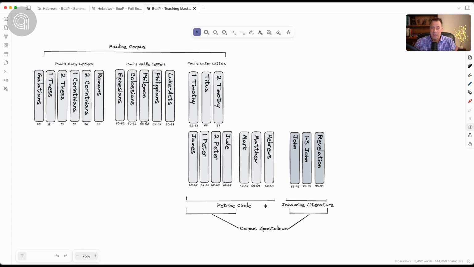Now it's 30-some years, 3 decades later after Pentecost, and they are getting pressure from the culture, and they're getting pressure from their own traditions, the Jewish traditions, the Old Covenant traditions, to come back and give up this newfound faith. And so Peter and his associates write these letters to establish them and encourage them to remain in the faith. That is where the book of Hebrews fits.